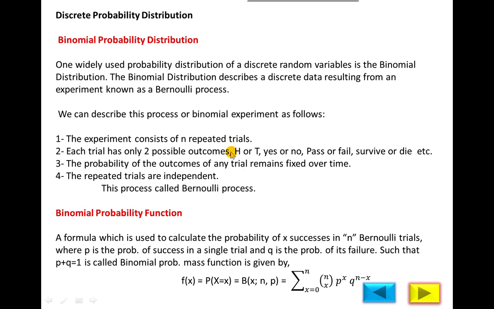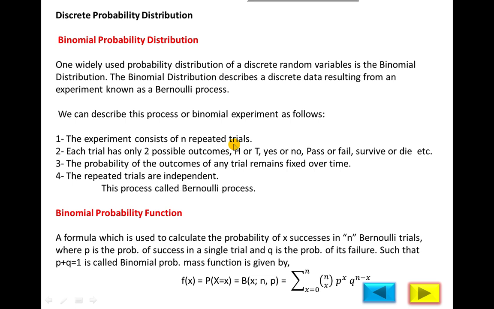So if you throw a coin one time, two times, or three times, this experiment is also called a binomial experiment. You can use the binomial probability distribution for the probability of the random variable x, if x is the number of heads that occur.